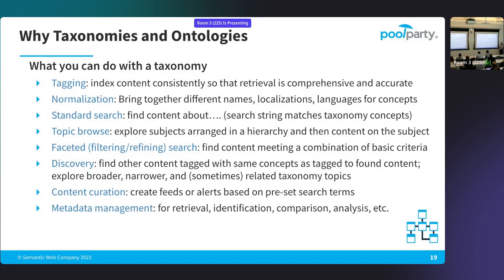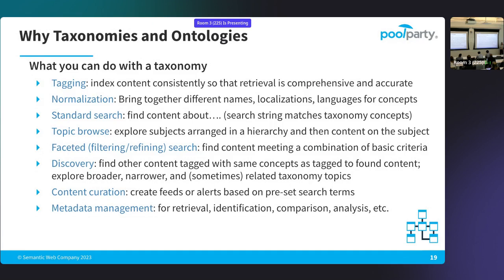Or even just the relationships within a taxonomy, like the related concept relationship. In addition to more proactive search and discovery, there of course can be something you set up as a feed and have curated content or alerts based on preset terms.